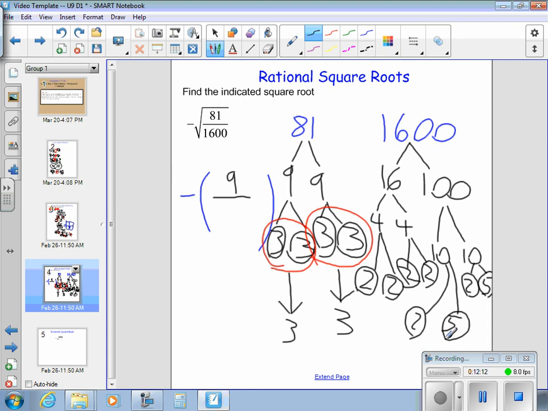So let's see here. I've got a set of 2's here, and a set of 2's here, and then I've got a set of 2's there, and a set of 5's here. Okay, what do we have?